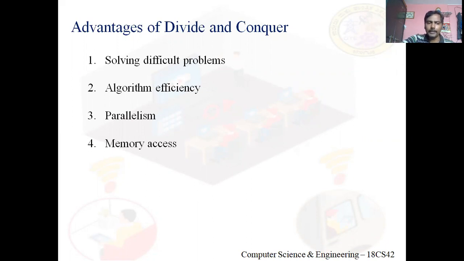I repeat, if you give an already sorted array as an input, quick sort is going to take quadratic time. So in the worst case, the efficiency of quick sort is similar to the efficiency of bubble sort and selection sort. This is one remark about quick sort.